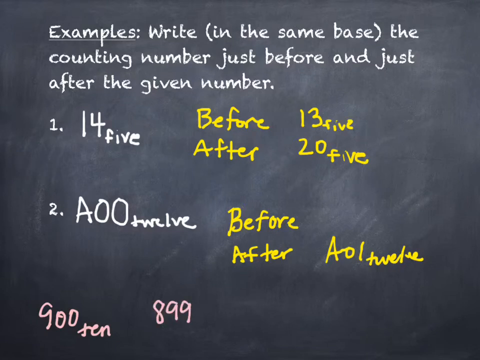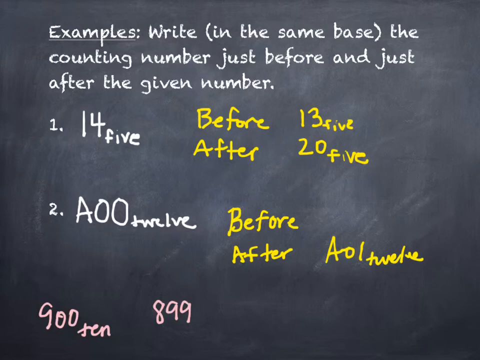So what happened to the first number? It became 1 less, right? And what happened to the last 2 numbers? Okay, so they became the largest value that we have in that system, right? Do you guys see that?